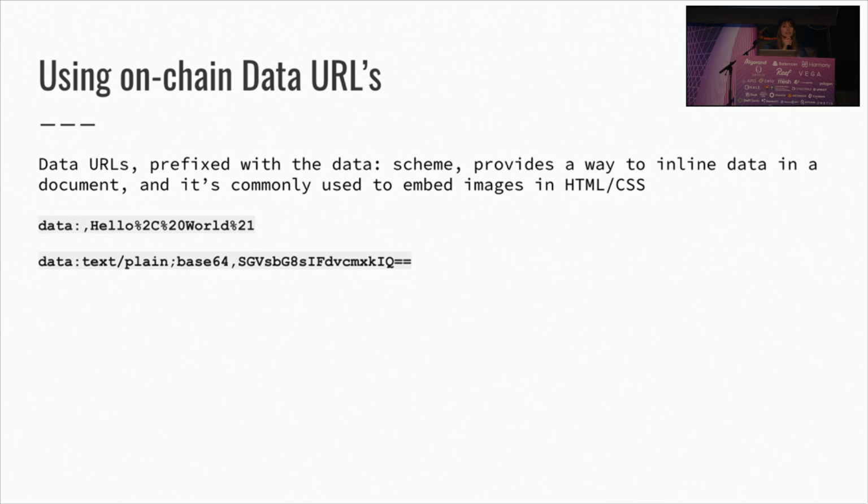A data URL is a URL that, instead of pointing elsewhere, has all the information inside of it that is needed for the browser to render it. These are two examples of a hello world data URL. If you plug that into your browser, you'll see hello world in plain text. This is base64 encoded, and it would render the same thing. On-chain, most of the time we use base64 encoding for this.